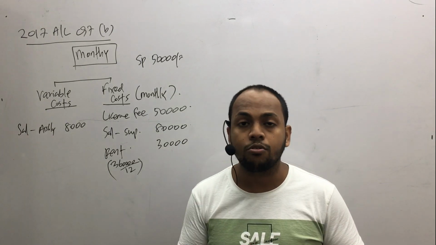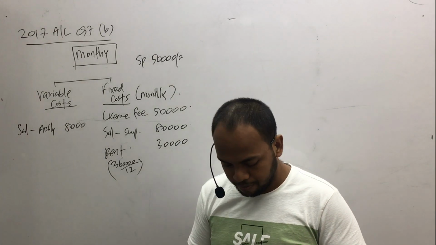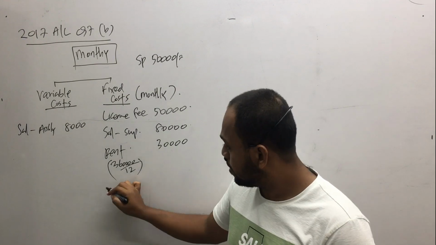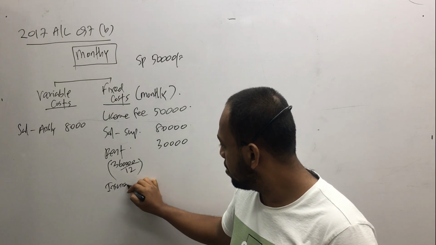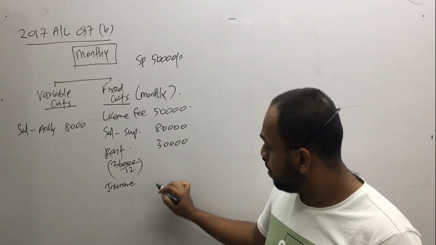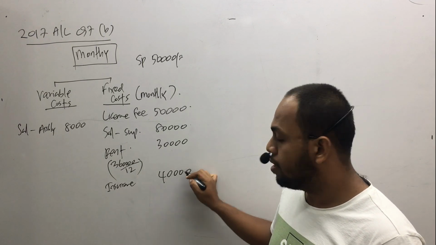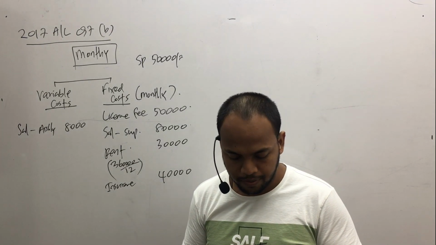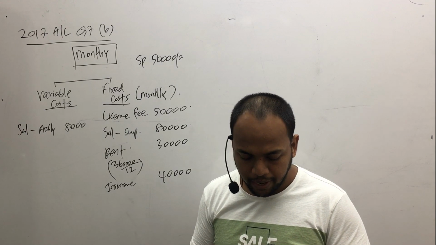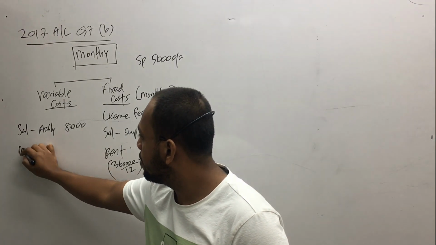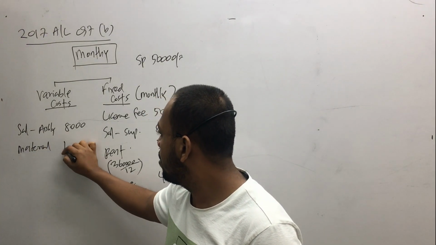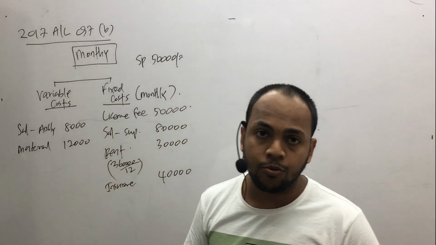Rent is 30,000 per month. Insurance 40,000 is also a fixed cost. Material is 12,000 per unit.